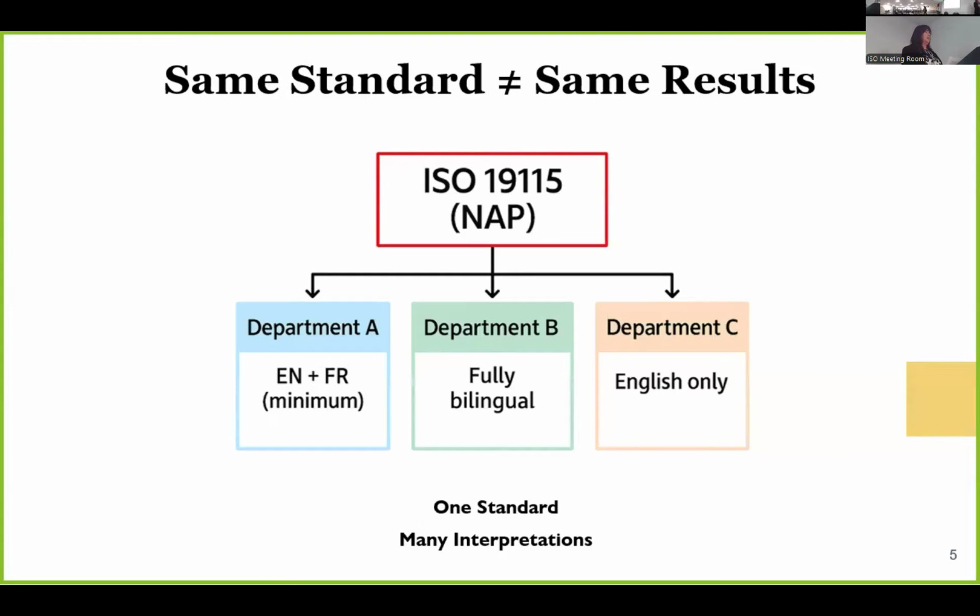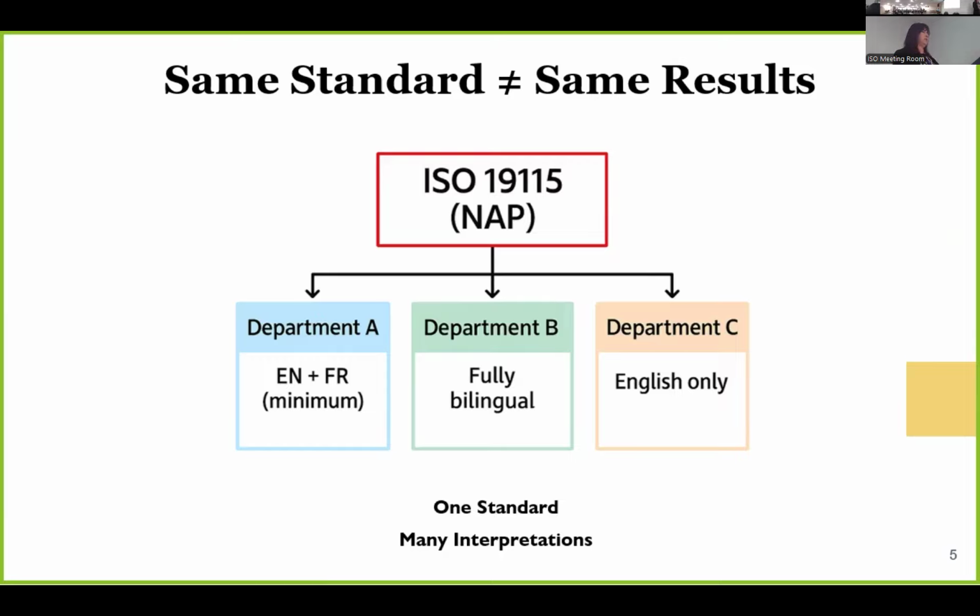So what happened, through some of the background information that Cassandra provided, as well as Aliyan, we were mandated to use the ISO 19115 North American profile by the Treasury Board, but departments didn't really know how to implement it. They all achieved compliance. They all implemented ISO 19115, but what happened is that they all had different, rightfully so, requirements, and they made their own implementations of it.